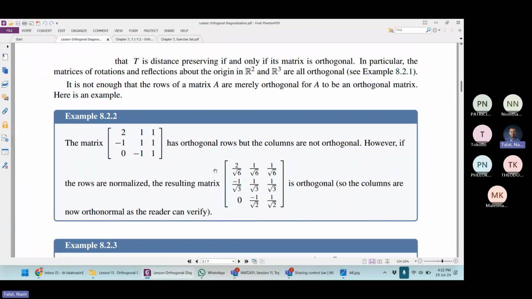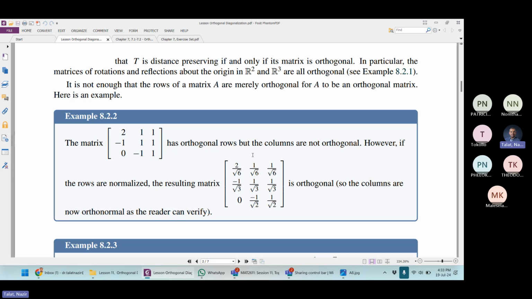And here the given matrix has orthogonal rows, but the columns are not orthogonal. If you multiply the rows with each other, the product is equal to zero because they are orthogonal.